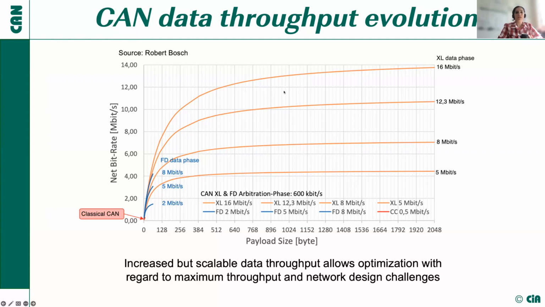And you can see here the great difference between CAN XL in comparison to the other generations of CAN: using CAN XL and communicating up to 2048 bytes, up to 16 megabit per second can be achieved.